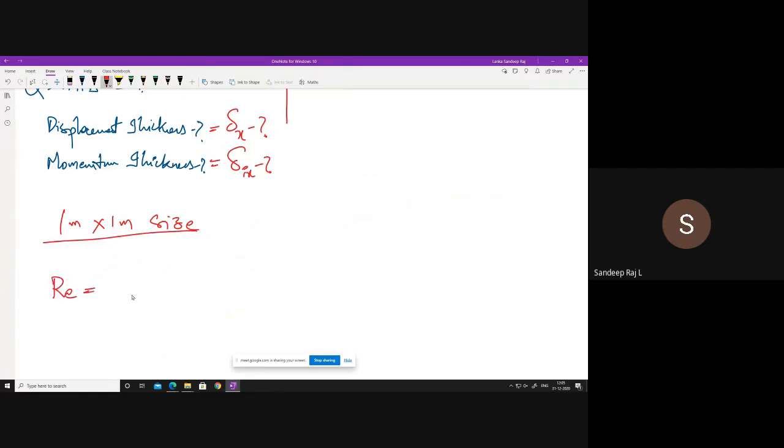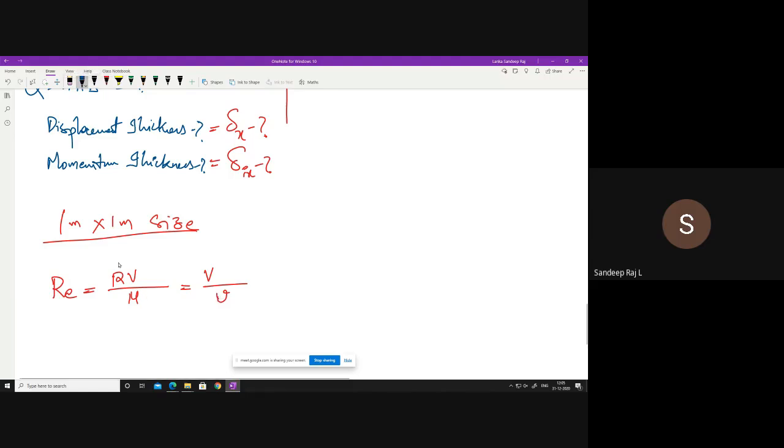What is the Reynolds number value here? You have to know the Reynolds number formula. Tell me, what is the Reynolds number formula, somebody? Rho VD by mu. So this can also be written as VD by mu. I have not written D intentionally here.